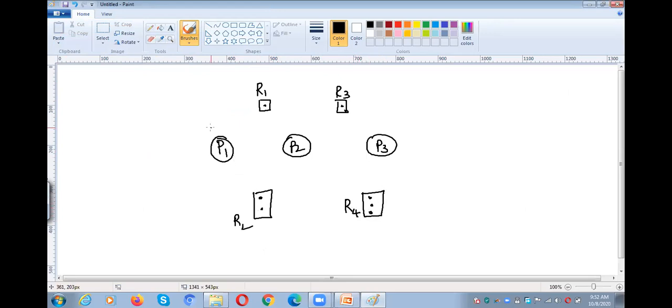P1 is requesting R1 and it is assigned to P2. P2 is requesting R3 and it is assigned to P3. And P1 is requesting for the resource R2 and one more resource is there that is assigned to P1.